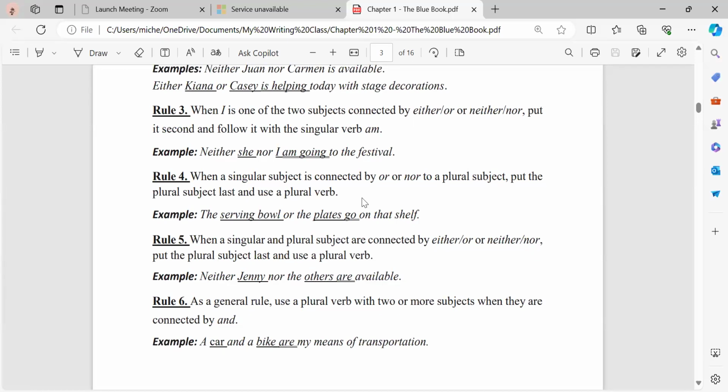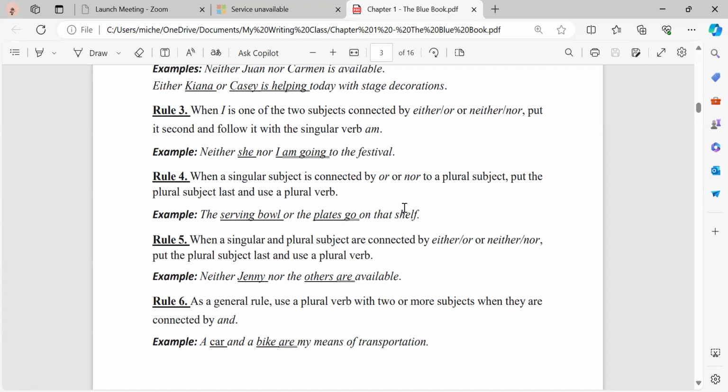From the previous three examples, there are only two subjects, but both of them are singular. But for rule number 4, we have a singular subject, which in the example is serving bowl. It's a singular subject, while plates is a plural subject. And put the plural subject last and use a plural verb.